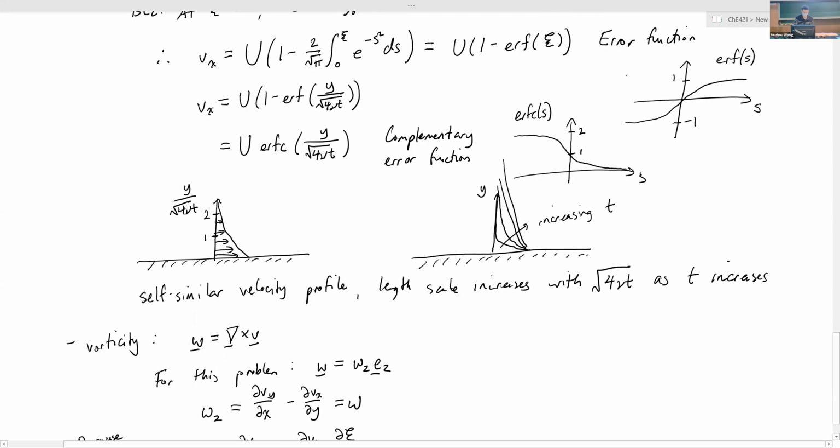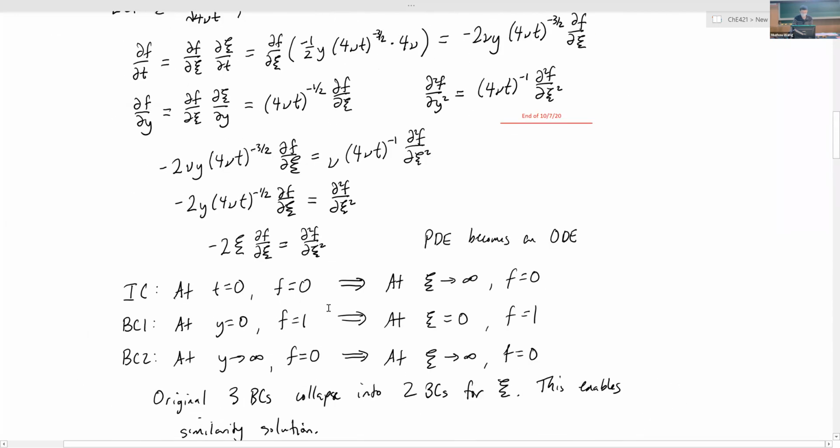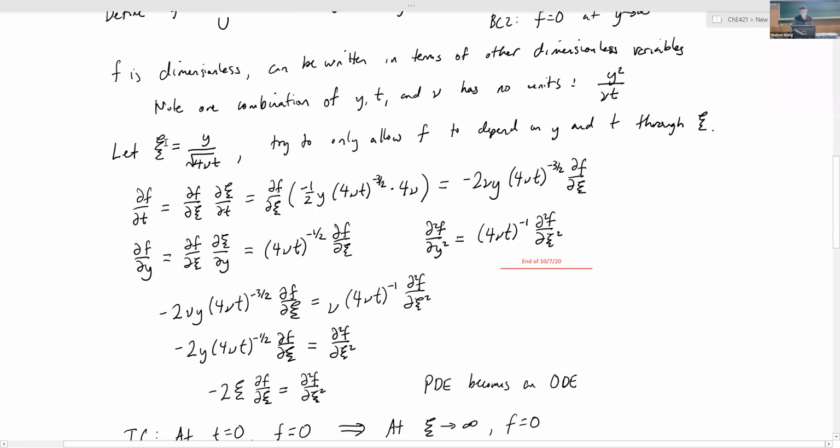So this first term here is minus 2 over square root of pi times u e to the minus xi squared. And then dxi/dy, we actually evaluated the other day, but we can do that really easily here. dxi/dy is just 1 over square root of 4 nu t.